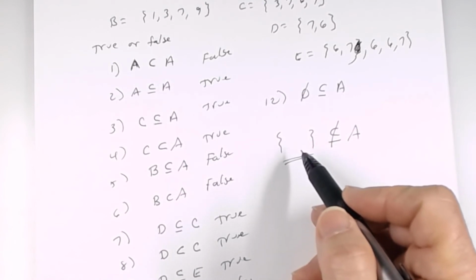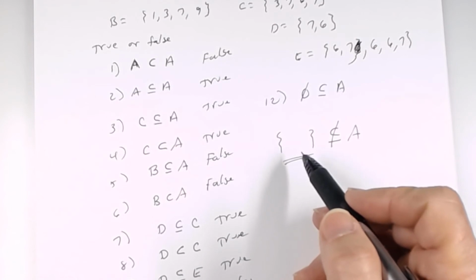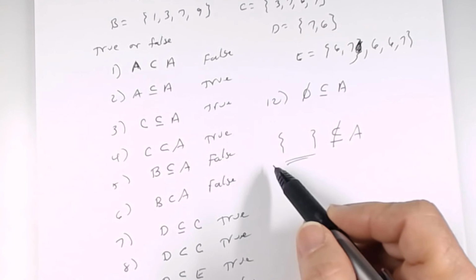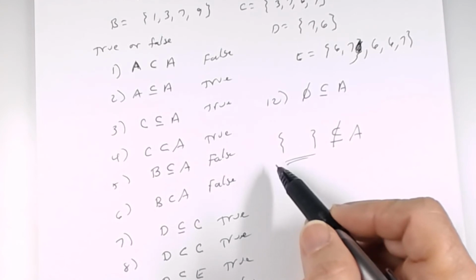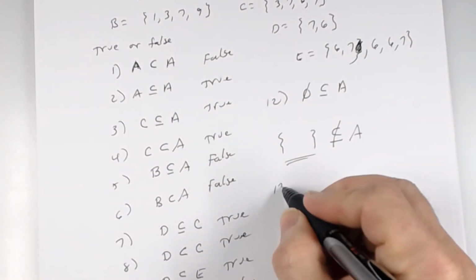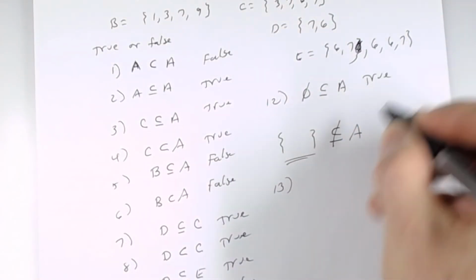So you can't give me an element that's not in here because this has none of them. It has nothing. So therefore, the empty set is a subset of what? Every set. Very good. Yes, it will also be a proper subset. Excellent. So number 13, so that's true.